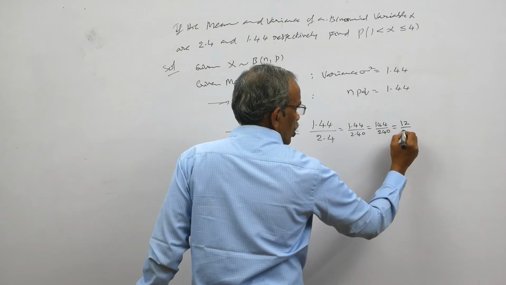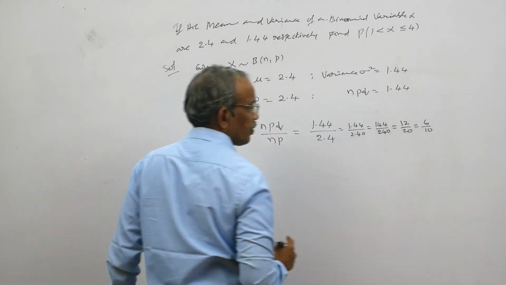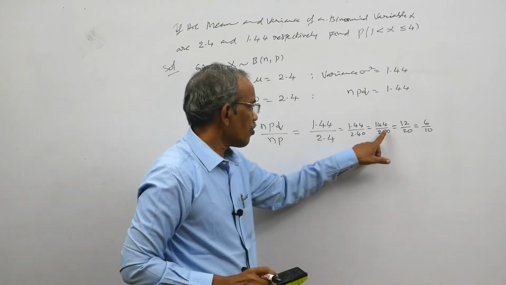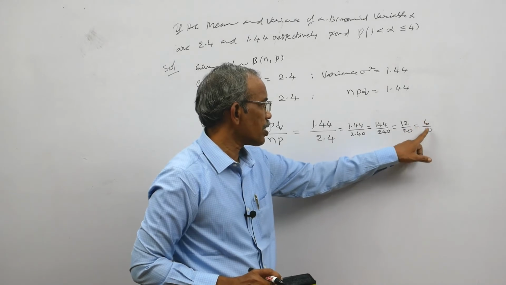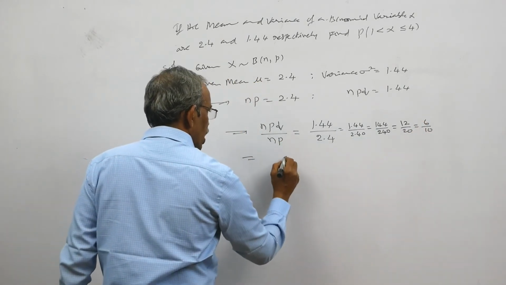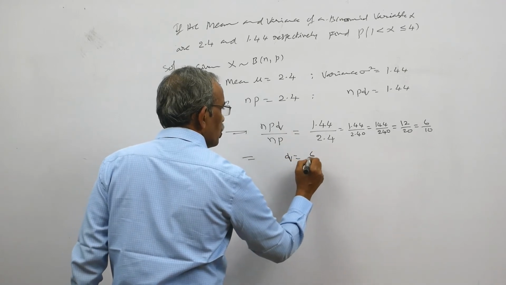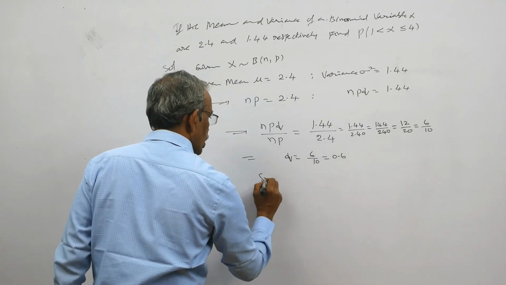Twelve 12s are 144 and 12 20s are 240, that is equal to 6 by 10. That means npq by np is equal to 6 by 10 or 0.6.